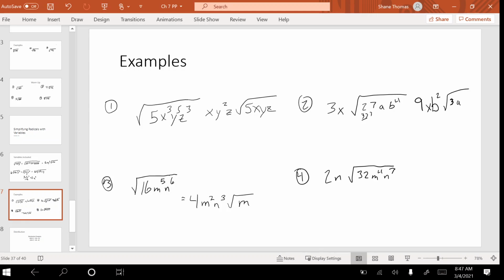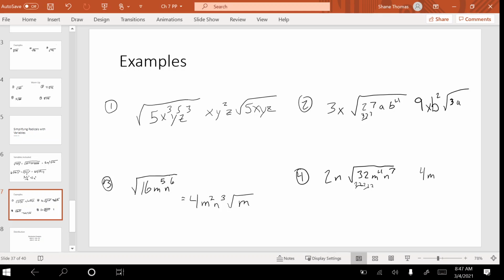Last one. Number 4. 32 has 5 2's. So that's going to be 2 pairs of 2's to bring out. Then from there I have 2 pairs of M's and, sorry, 3 pairs of N's. All right, so I'm going to have 2 times 2 is 4.